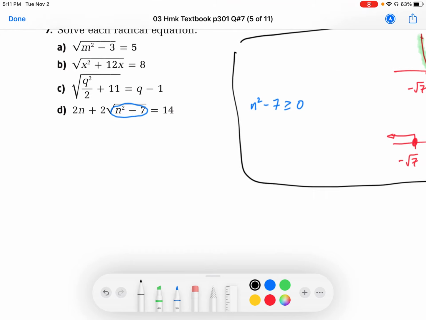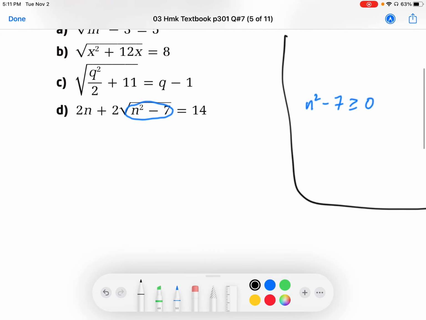Okay, so we also want to solve this. To solve this, the idea is we want to isolate the radical first. So I'm going to subtract 2n from both sides. I get the square root of n squared minus 7 in the brackets, which are inside the radical, and I end with 14 minus 2n.